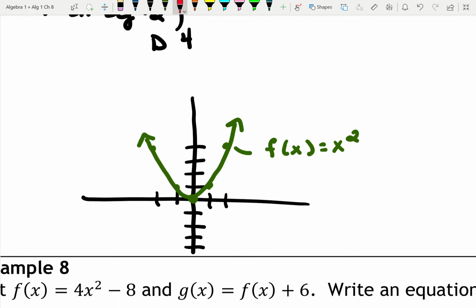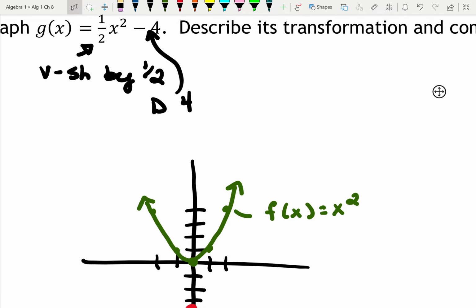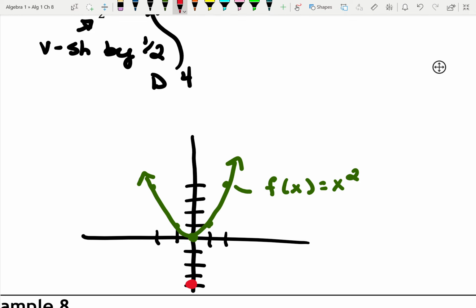Our new graph was moved down 4, so I have a vertex down there at -4, and there was also a vertical shrink by a half. So I need to get out those numbers 1 and 4 and multiply by a half on both of them, just like on the example from yesterday. This gives us 1/2 for our first set of points and 2 for our second set of points.